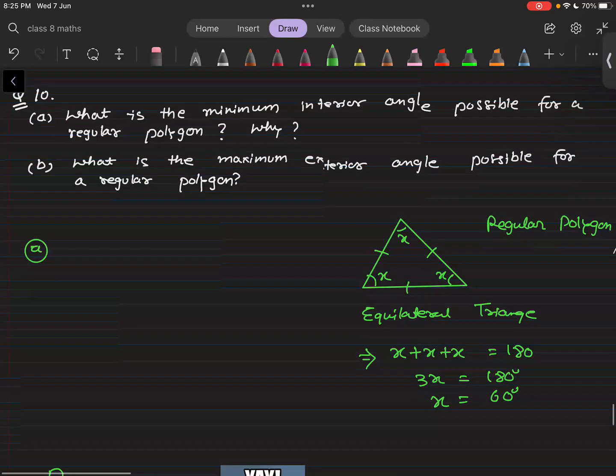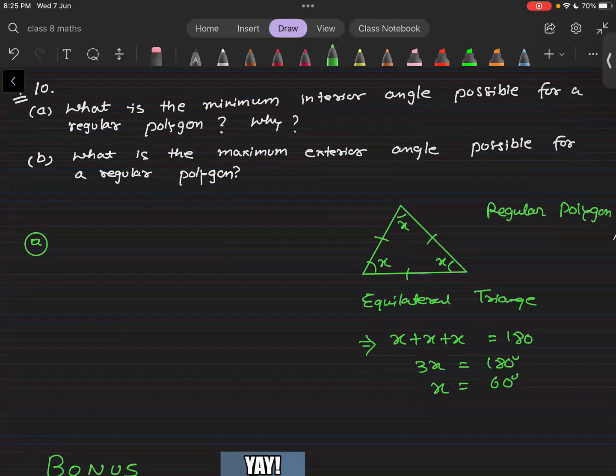Right, guys? So that is the minimum interior angle possible for a regular polygon. Because we're talking about a minimum interior angle, we got to take the polygon with the least amount of sides.